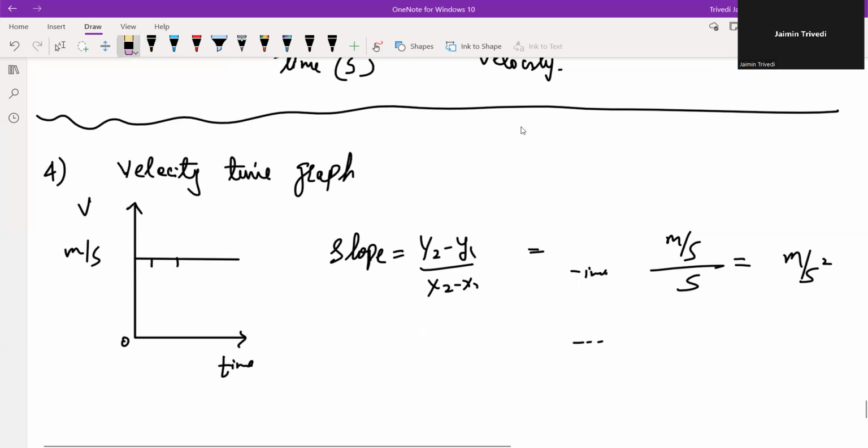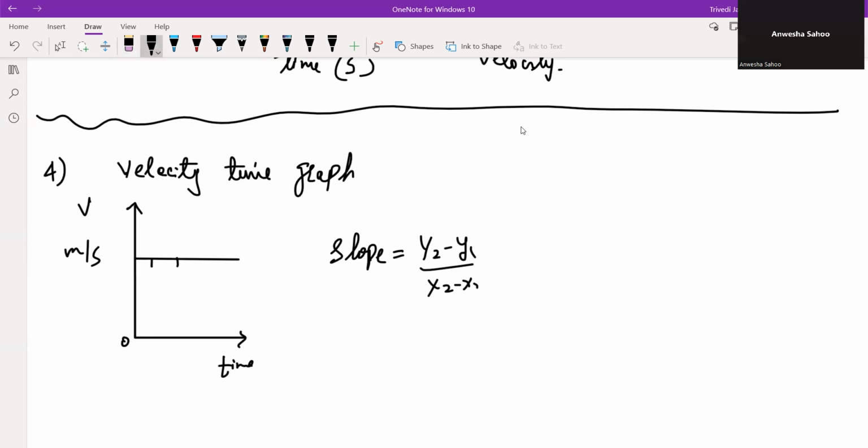Okay, first of all, everyone knows what slope is, right? Yes, sir. So to find the value of this one, how are we doing it? y2 minus y1 by x2 minus x1.